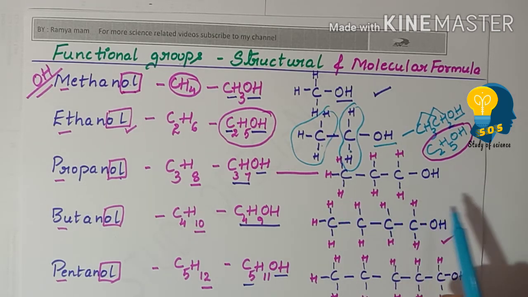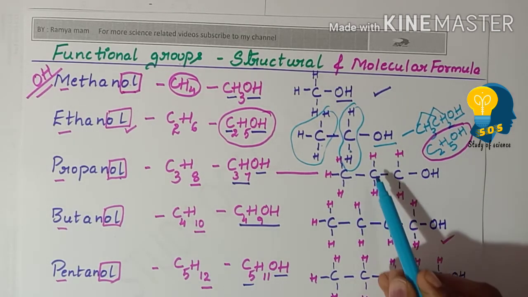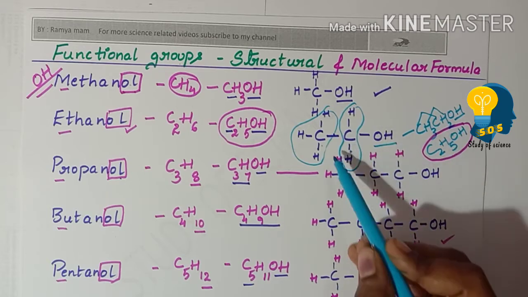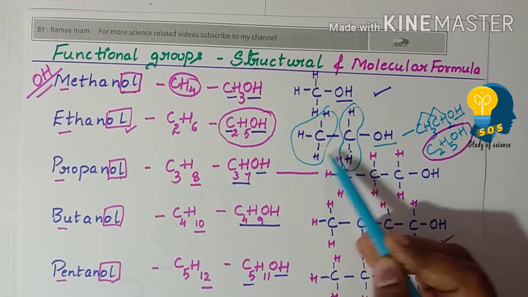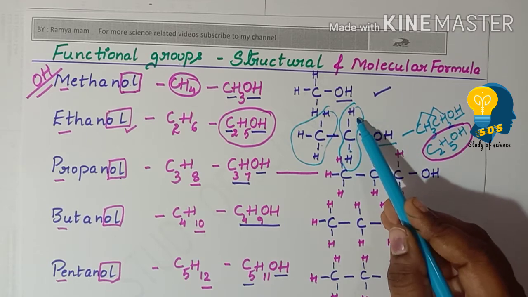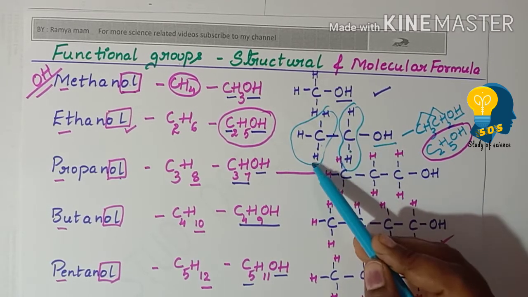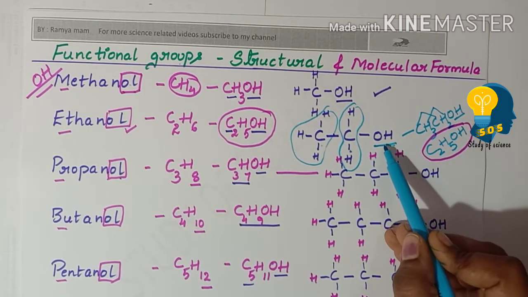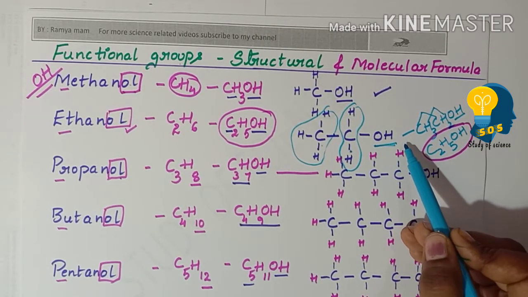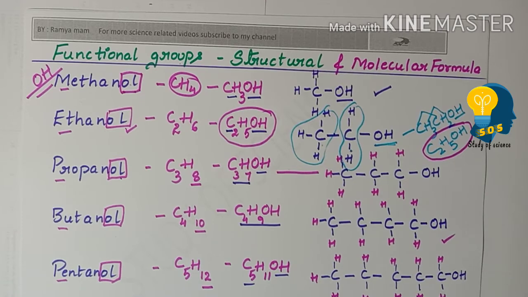Look at the longest carbon chain. Here one carbon atom is bonded by 3 hydrogen, here one carbon atom bonded by 2 hydrogen. So it is CH3, CH2, and don't disturb the functional group, so it is easy for you to write the molecular formula.